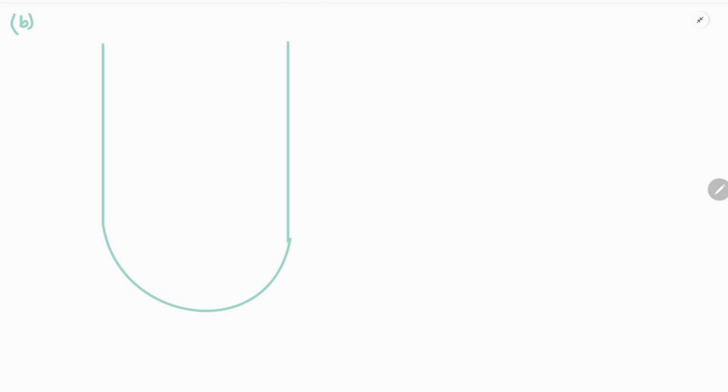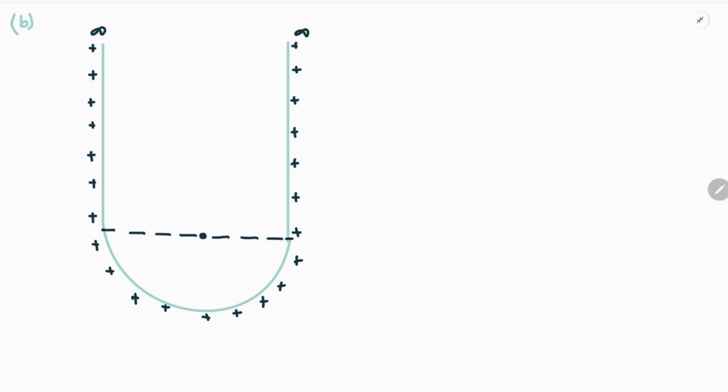So we can consider this as the system, and again these two extend to infinity. We are considering a positive charge system followed by a curved end, and then again a positive charge system, and we are calculating electric field at this point O.